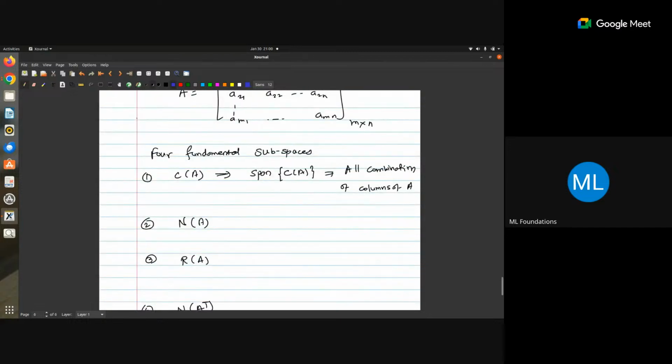Now, what is this column space of A? When I say subspace, we should define this column space of A in which space?